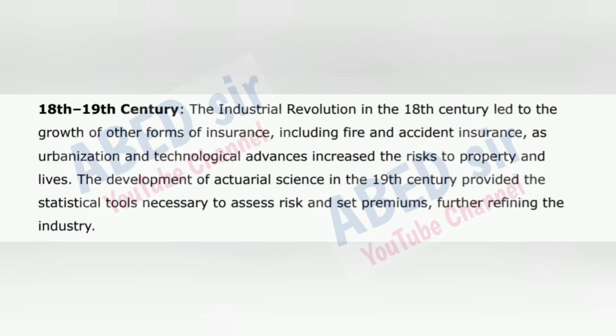1706. 18th, 19th century. The Industrial Revolution in the 18th century led to the growth of other forms of insurance, including fire and accident insurance, as urbanization and technological advances increased the risks to property and lives.